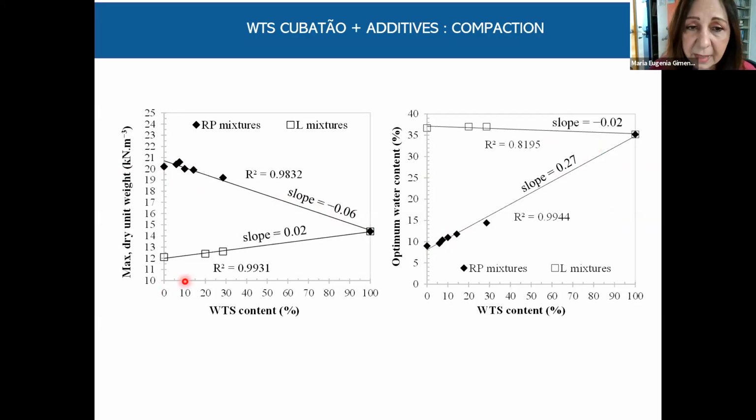Lime sludge mixtures present a slight increase in maximum dry unit weight and a slight decrease in water content. So the lime mixtures will become denser and slightly more humid with increase of sludge addition.